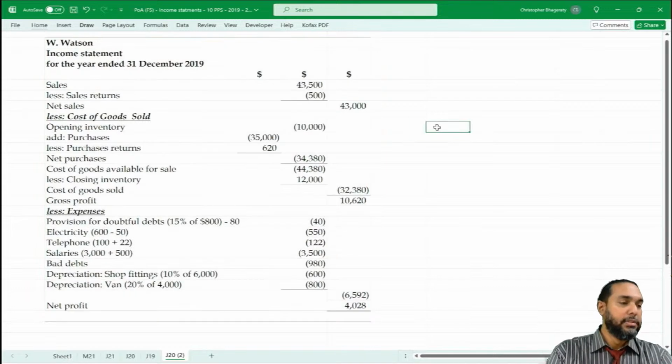Adjustment. All right, cool. What are you feeling? Payroll or stock valuation? Okay.